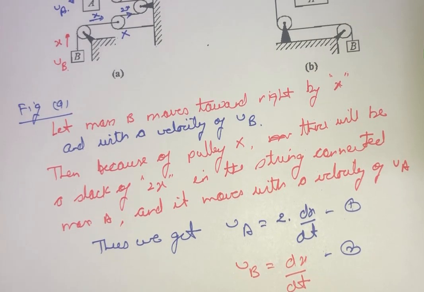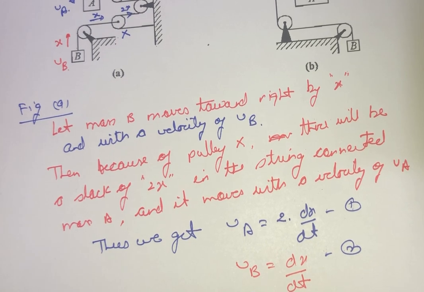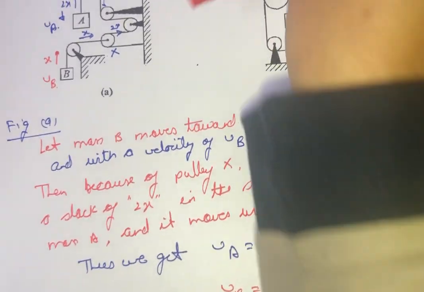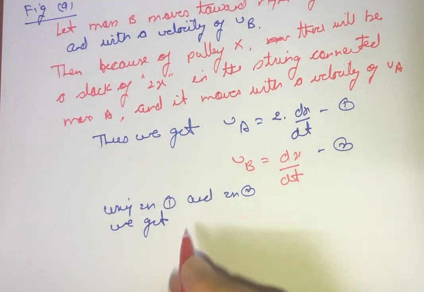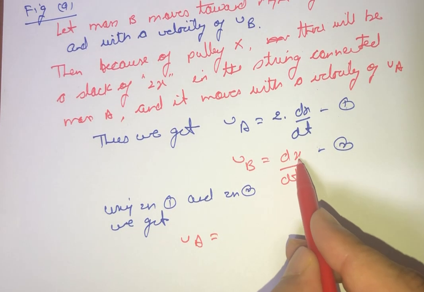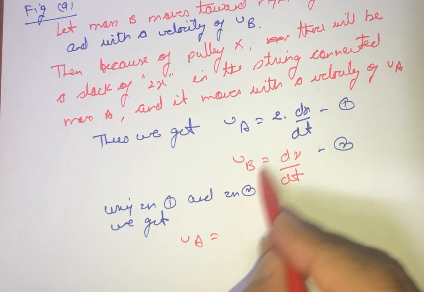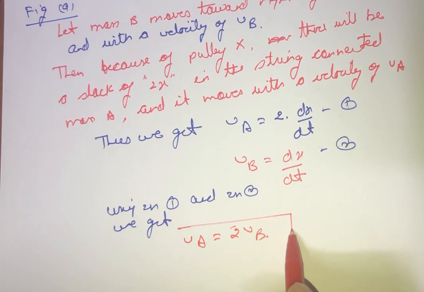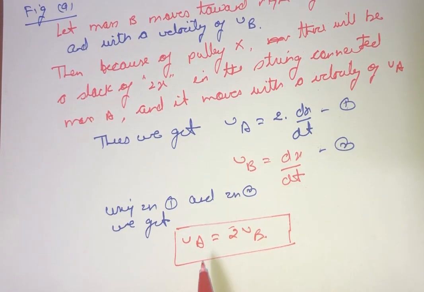Using equation 1 and equation 2, we get VA is equal to, in place of dx by dt, we simply substitute VB. So we get VA is equal to twice of VB. So this is the relationship of the velocity of mass A with velocity of mass B for figure A.